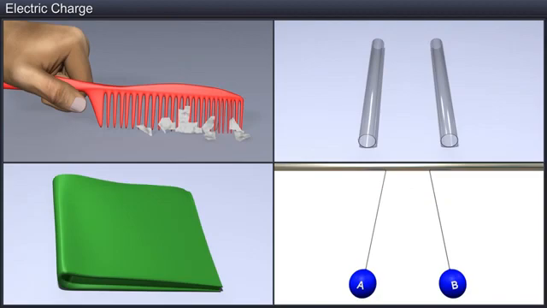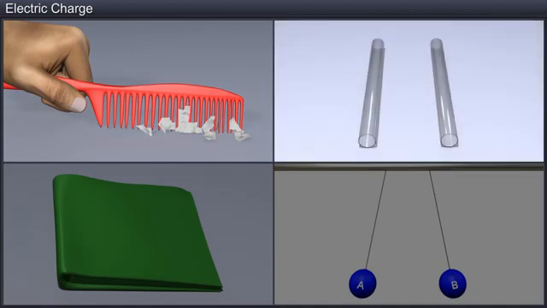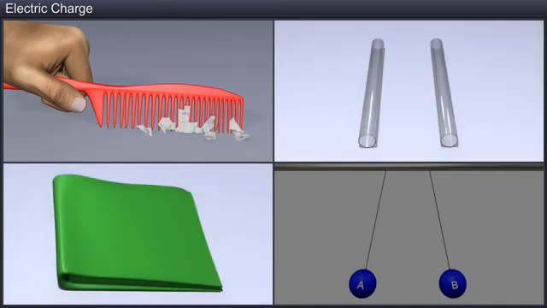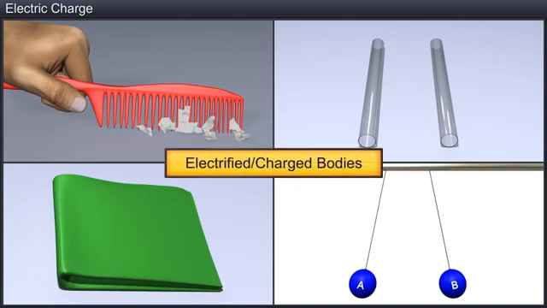From previous examples, bodies like combs, glass rods, silk cloth pieces, pith balls, etc. are said to be electrified or are called charged bodies.